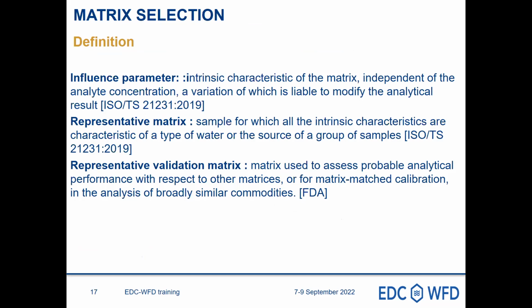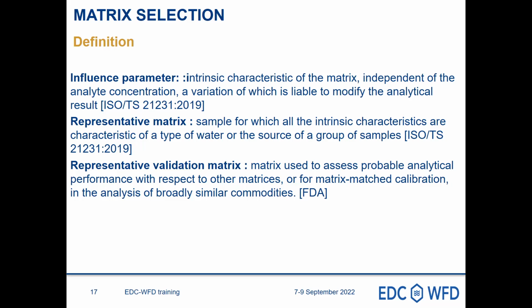As you can imagine, the choice of the matrix selection is something important to demonstrate the fitness for purpose of the method with respect to this intended use. So once again, a few definitions. What is an influence parameter? It is an intrinsic characteristic of the matrix, independent of the analyte concentration, which is able to modify the analytical results. What is a representative matrix?